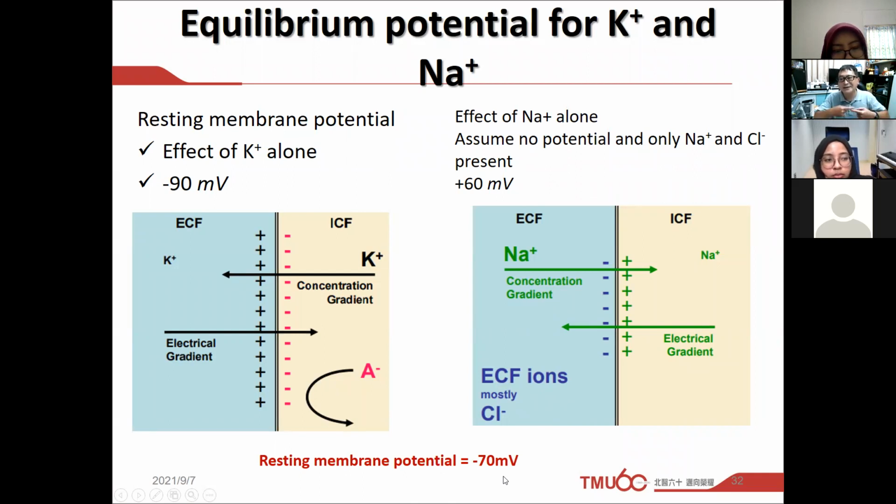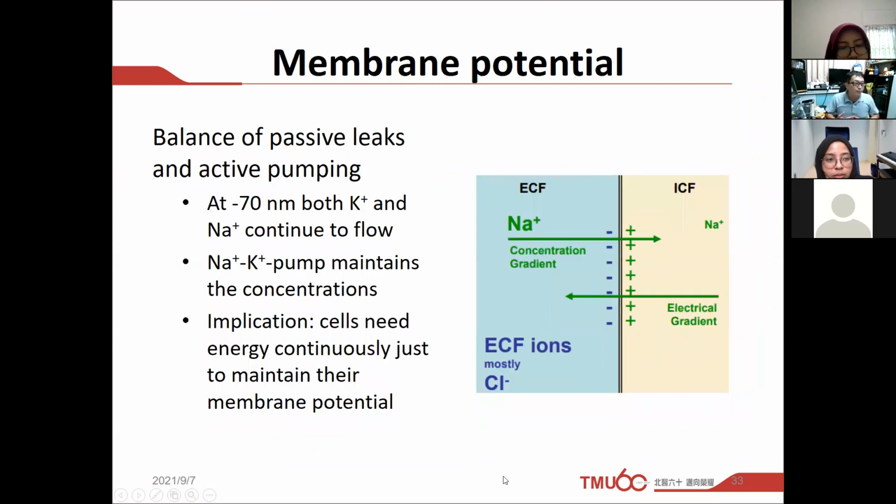Okay, that's the steady-state condition. In this condition, we call it the polarized condition. Okay, and in order to maintain this condition, we need some pump exchange between them to make it a balance.